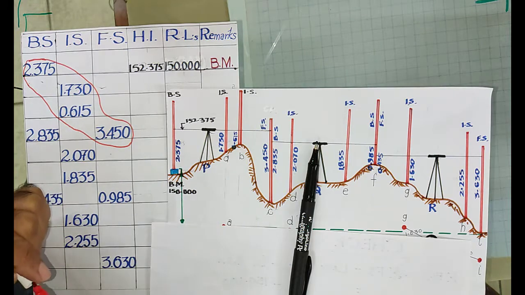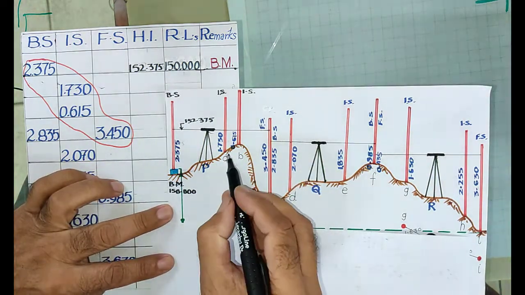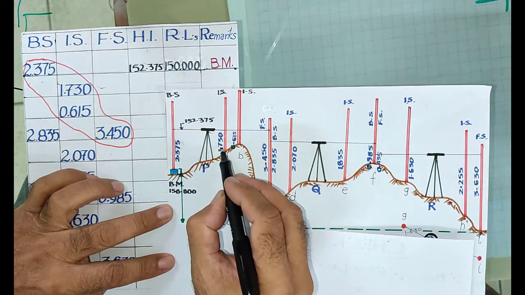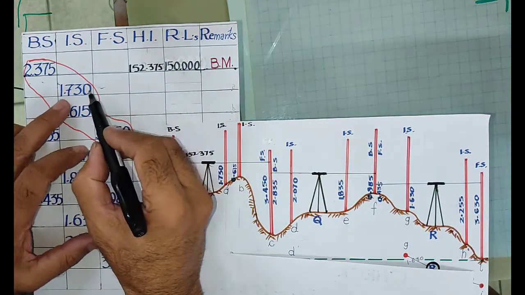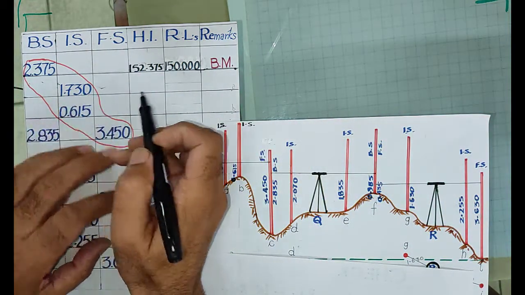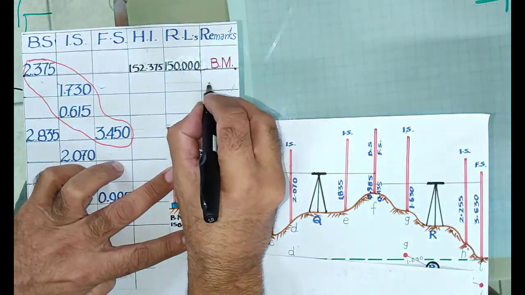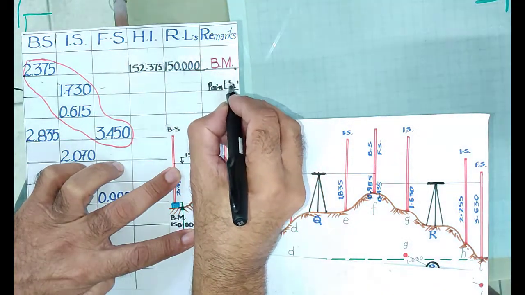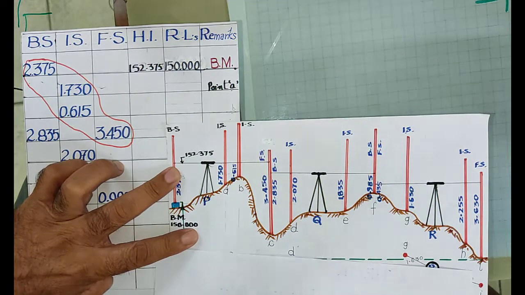Now we are going to calculate the reduced level of the point A, this point A. So this is the height of instrument, minus 1.730. Deduct this 1.730. The RL of this point A comes to be 150.645.